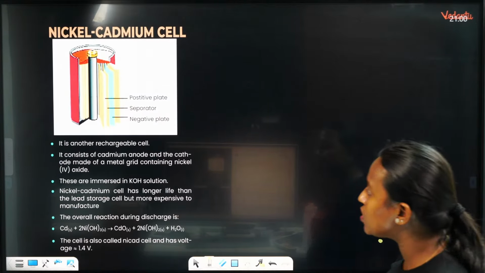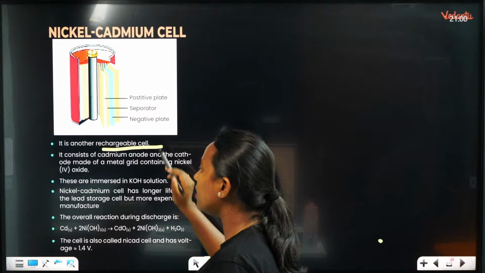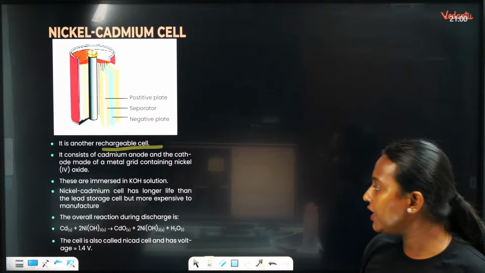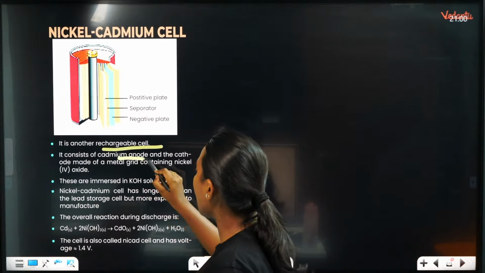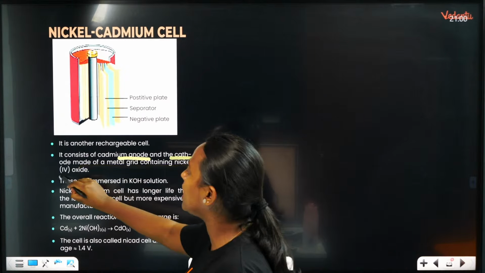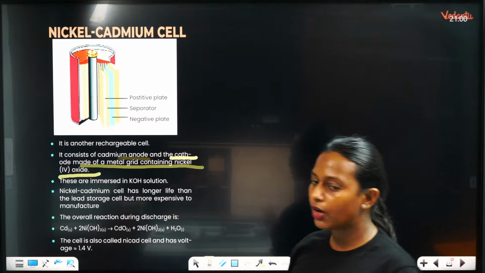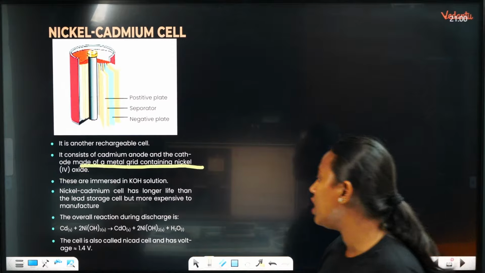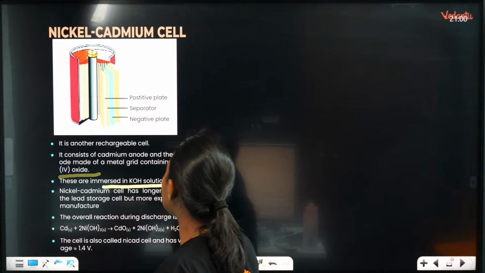So the nickel cadmium cell is another rechargeable cell, and it consists of a cadmium anode and a cathode made up of a metal grid containing nickel oxide. You should know the anode and cathode. These are immersed in KOH solution.